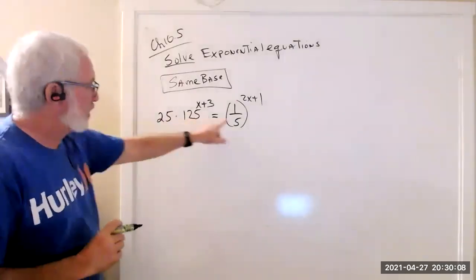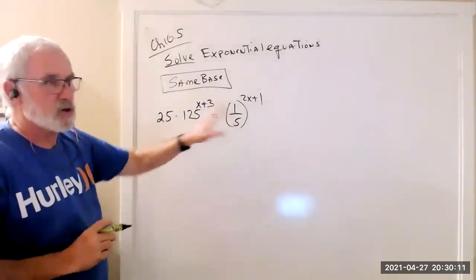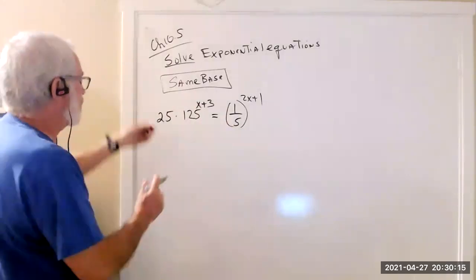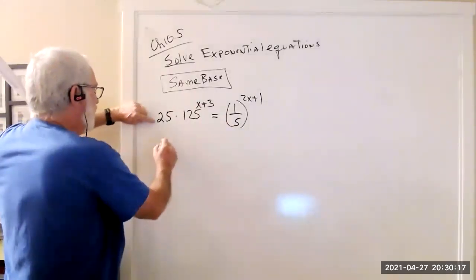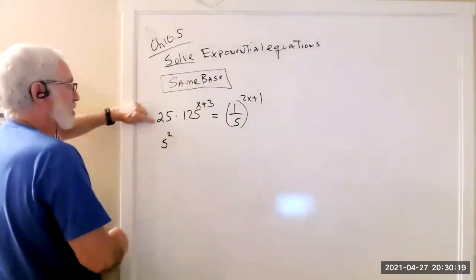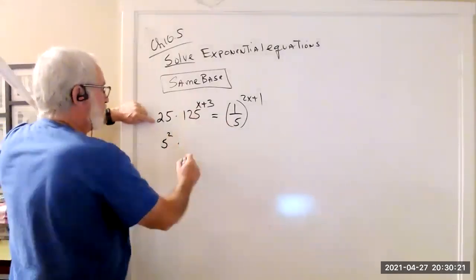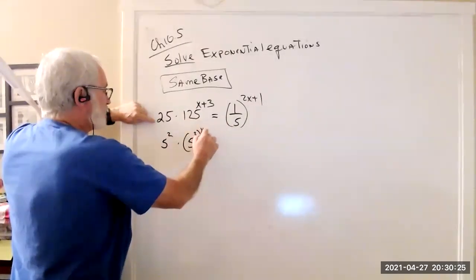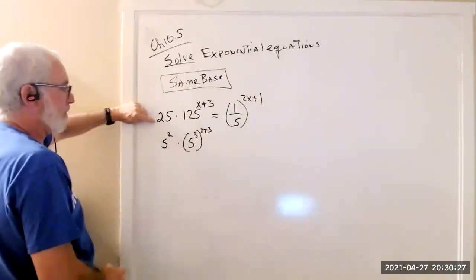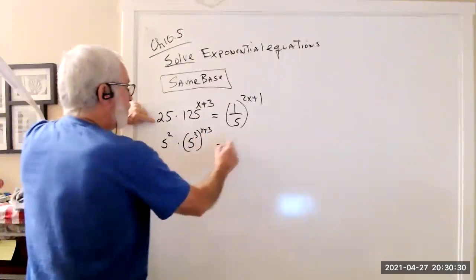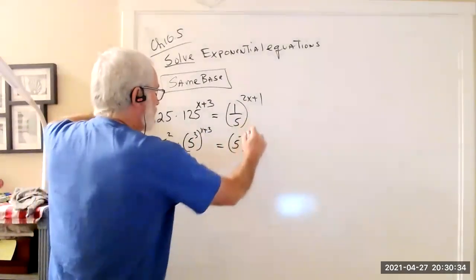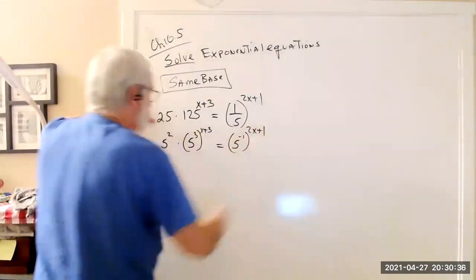All of these, if you look inside with your X-ray vision, are base 5. So 25 can be 5 to the second. 125 can be 5 to the third to the x plus 3. Equals 1/5 can be 5 to the negative 1 to the 2x plus 1.